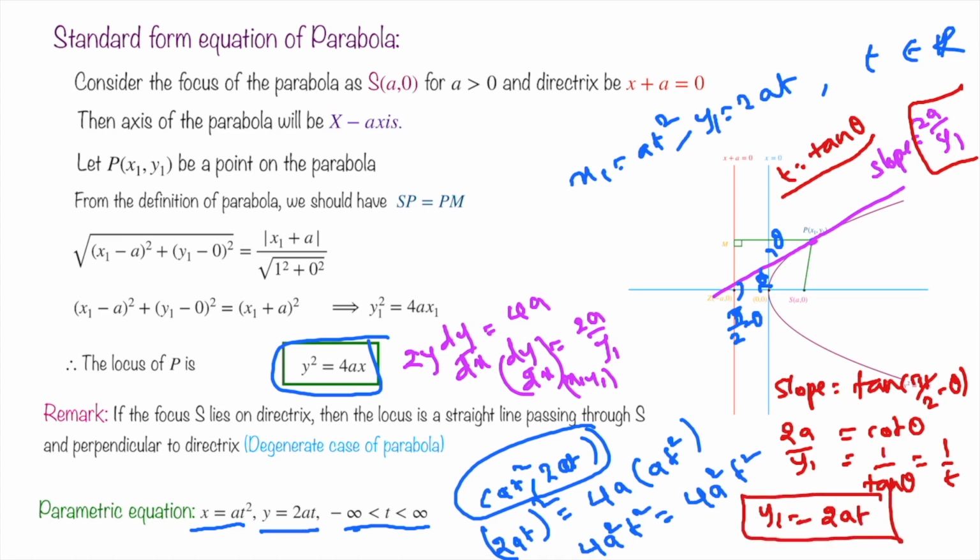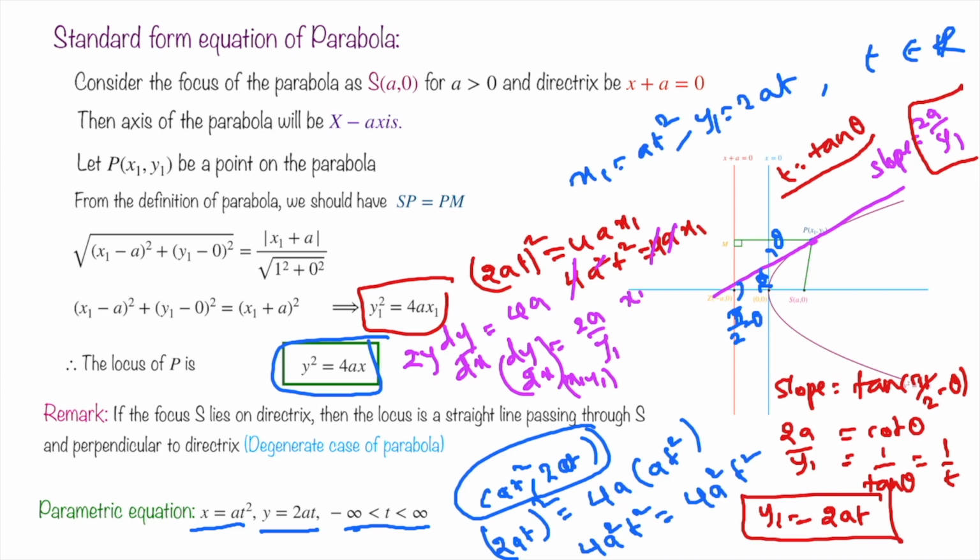If you substitute y1 equal to 2at here, what do you get? (2at) whole square equal to 4a x1. This will be 4a square t square equal to 4a x1. Here the 4 cancels, and the a and the square cancel.